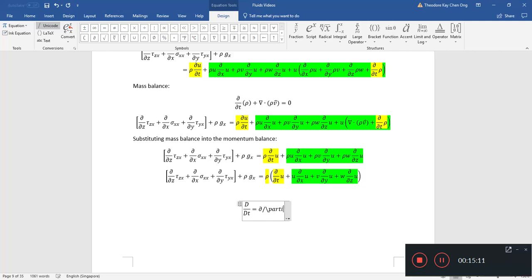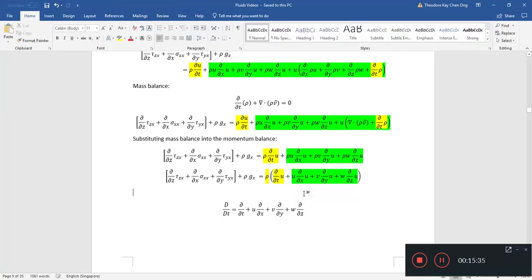So some people call it the total derivative, depends on the textbook you are looking at. Okay, so introducing the substantial derivative.